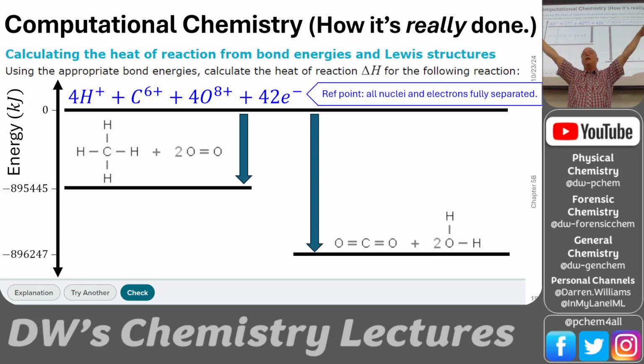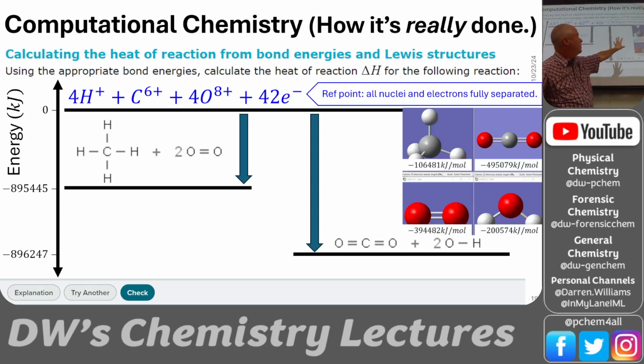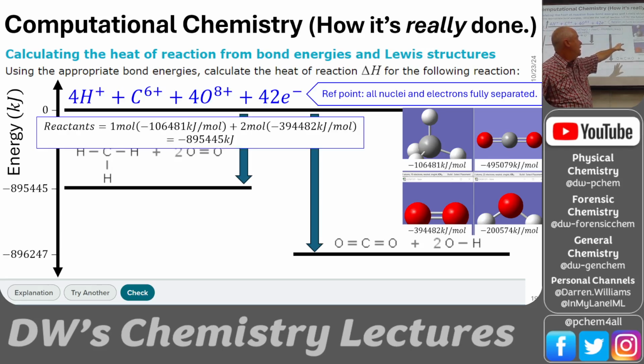So now I can calculate the energy of every atom and every molecule that I can make, and they're all negative. Okay, and then we do the delta, the products minus reactants, and so here's the energy for my 4 molecules.